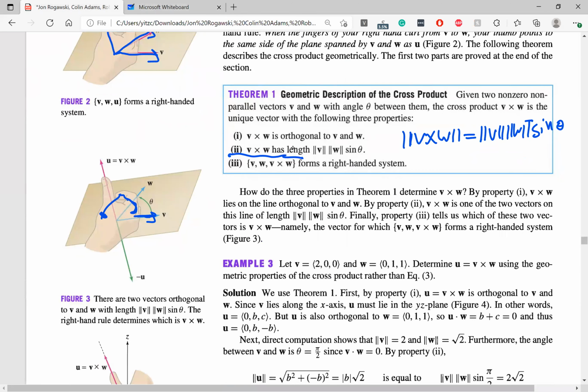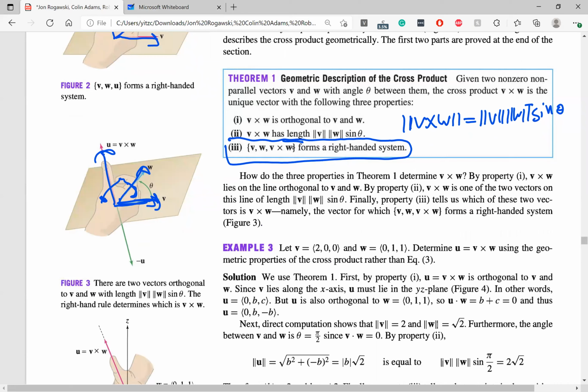And this property we already spoke about. These three vectors, V, W, and V cross W, create these three vectors that you see over here, and they call that the right-hand system.